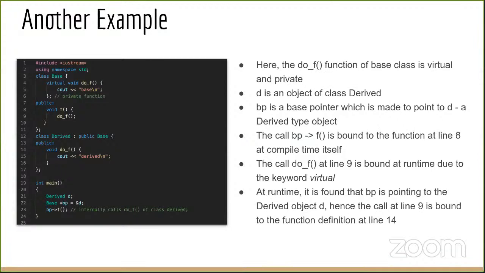So it will be checked in the derived class, and it finds that do_f is present. So finally, instead of calling the do_f of the base class, the derived class's function would be called. So yeah, this is what happens in this one.